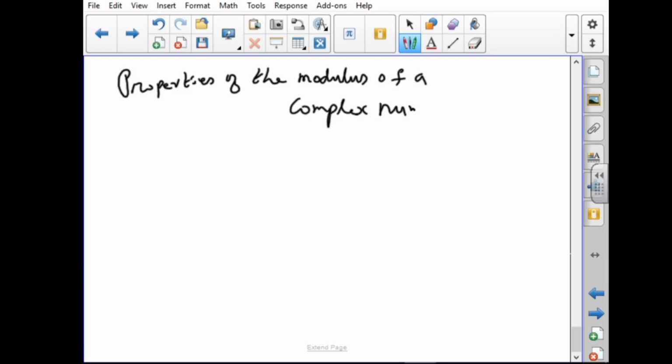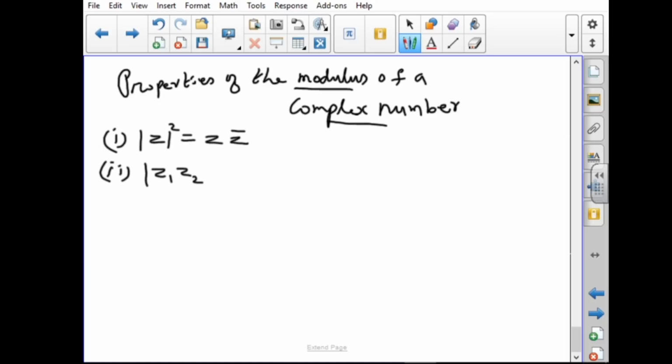So, here we are going to see the properties of the modulus of a complex number. So, the first one, as we saw already, modulus of z square is equal to z into z bar. Second one, modulus of z1 into z2 is nothing but modulus of z1 into modulus of z2.